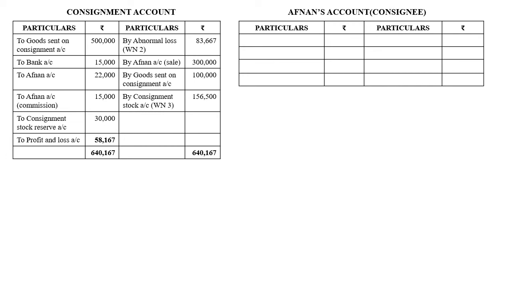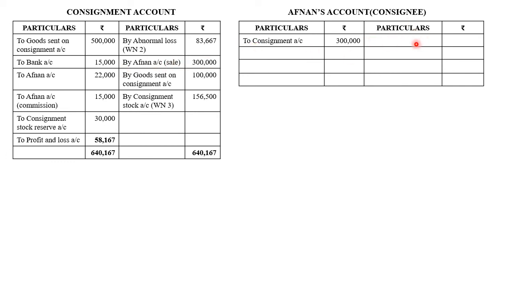Okay, first you have to transfer the items from consignment account. You see on the consignment credit side there is 2 Afnan. In Afnan's account it is by consignment, that is 3 lakh. So this one, by Afnan, to consignment.